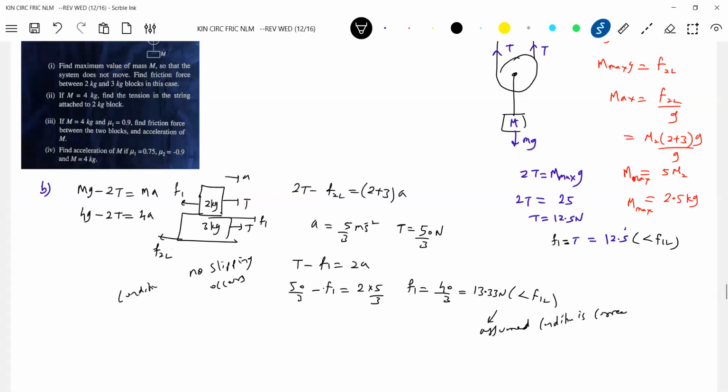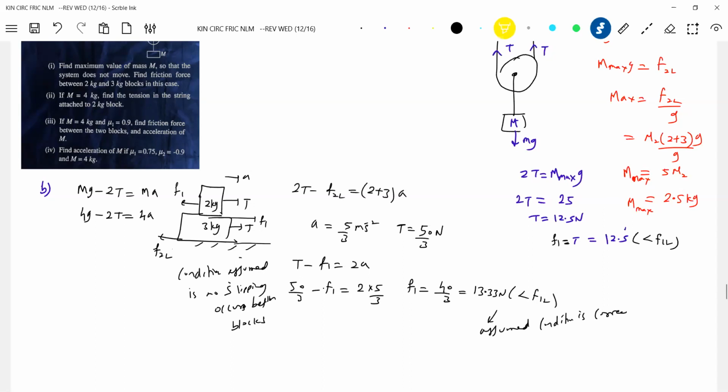Condition assumed is, let me write clearly, no slipping occurs between blocks. Fine. Put it like this.